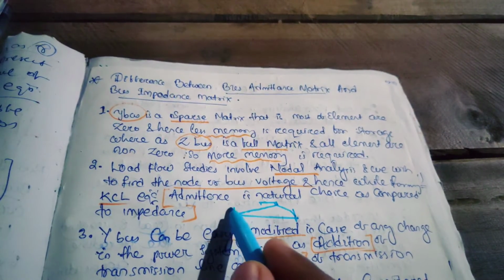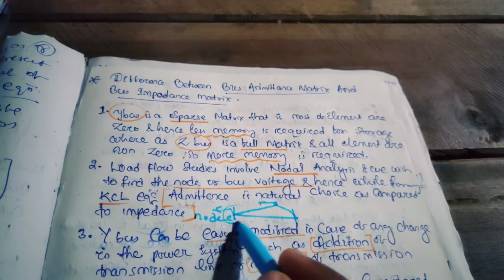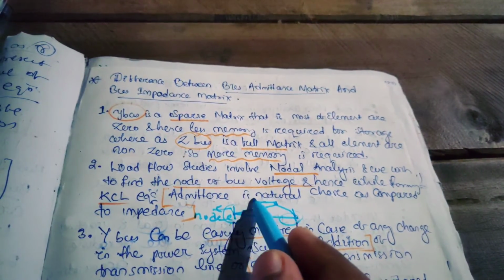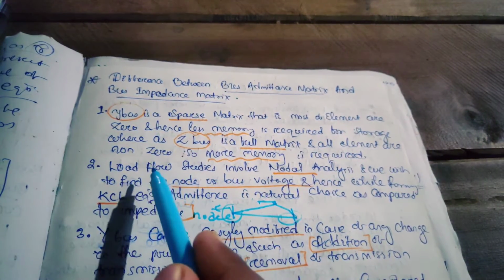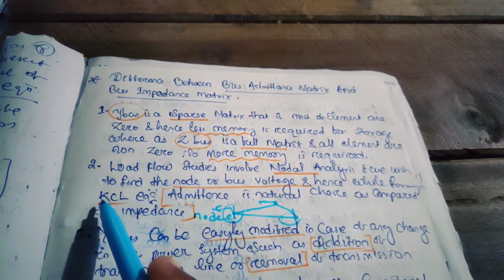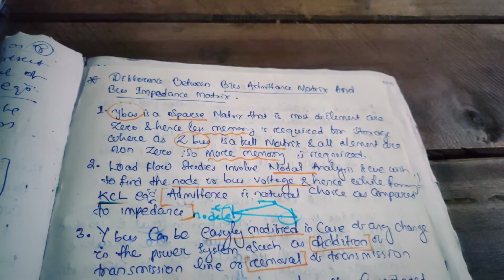So this bus is taken as one node, and we have to find the voltage of this bus. So it is very easy to calculate this voltage, its angle and current. The KCL equation required here is a very easy equation.